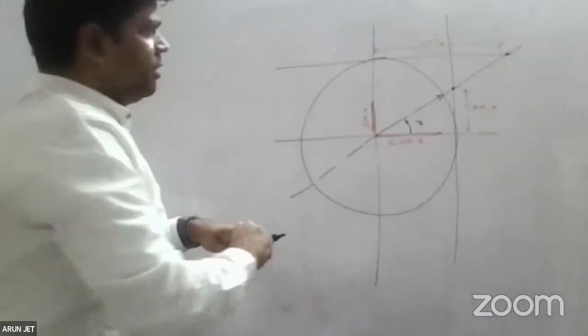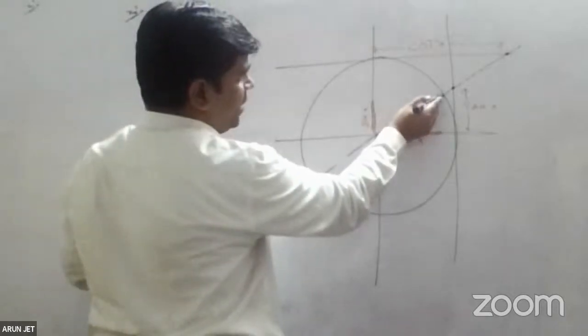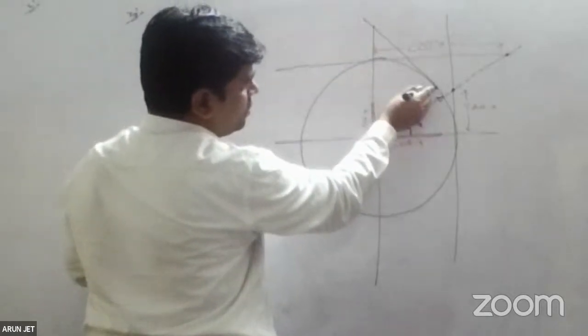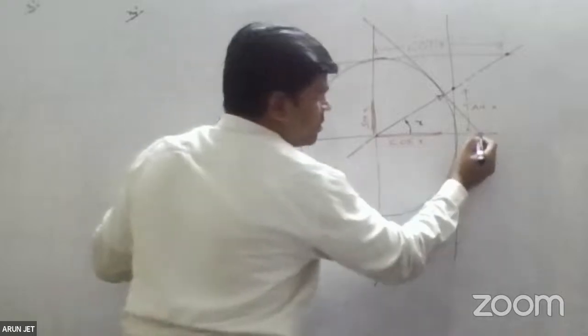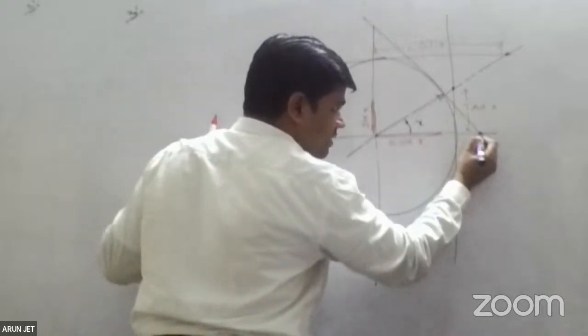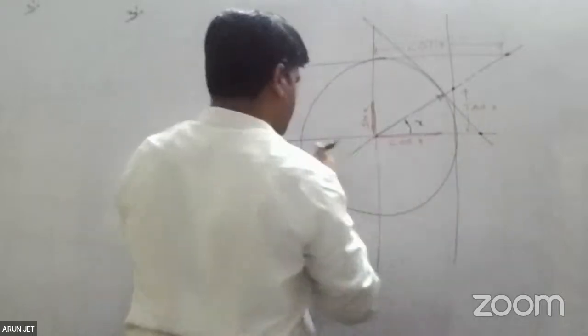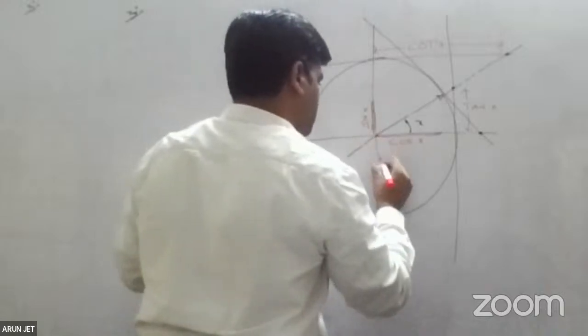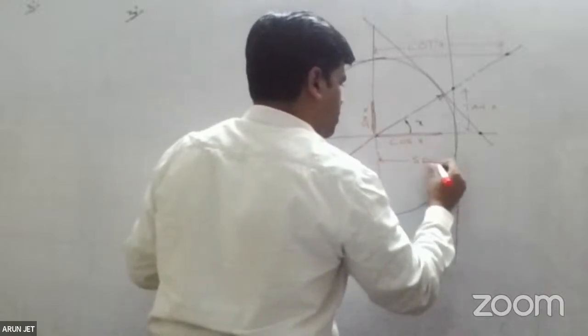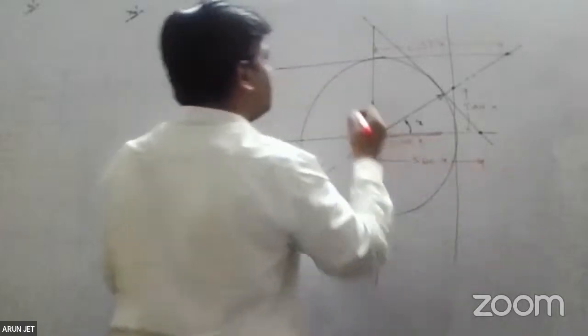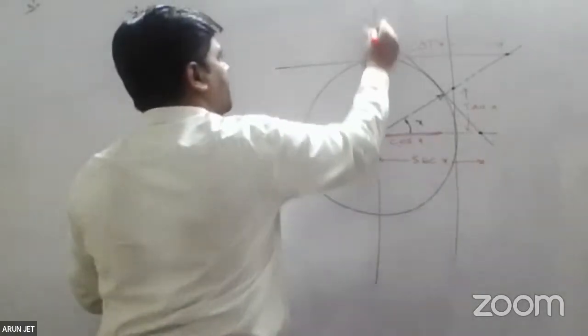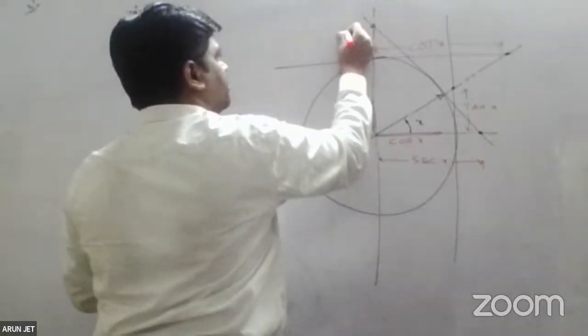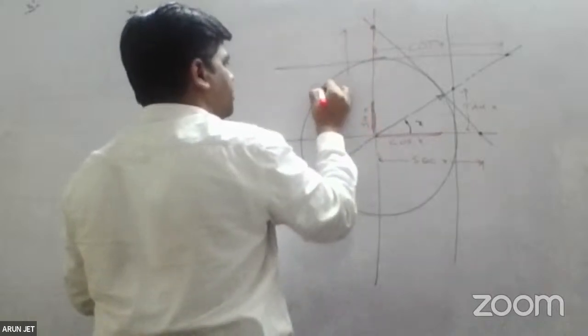Let's see where secant and cosecant are. I draw a tangent here. This intersects the horizontal axis at this point. This is secant x. And this intersects the vertical axis at this point. This is cosecant x.